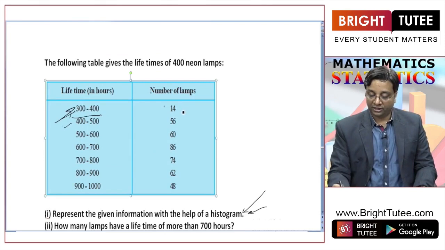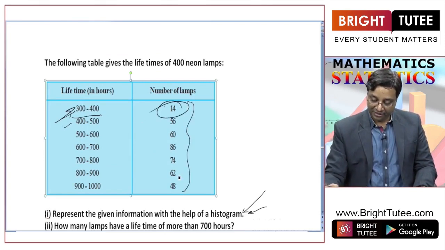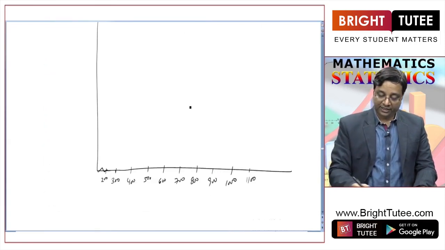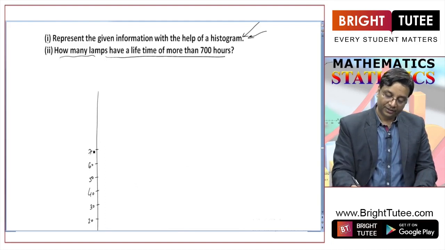So for 300 to 400, the height that is to be taken is 14, and in this data the maximum height that we would require is 86 and the minimum is 14. So let me take a suitable scale as 10, 20, 30, 40, 50, 60, 70, 80, 90 and 100.